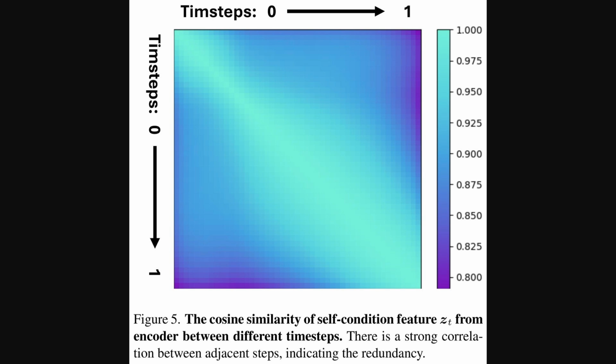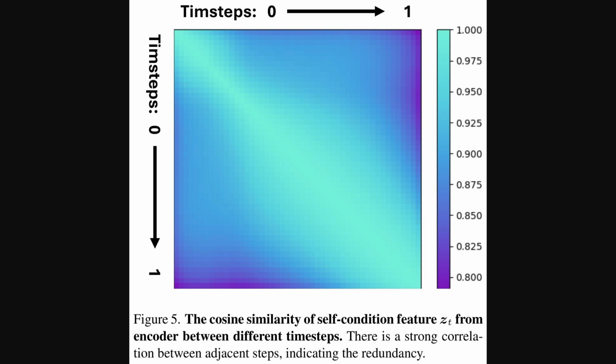Alright, so Figure 5 gives us a visual on why the decoupled diffusion transformer can be made more efficient during the image generation process. This heat map shows the cosine similarity, which is basically a way to measure how alike two things are, in this case, the self-conditioned features from the encoder, across different time steps. Time steps, remember, represent the progression of the generation process from noise to a clear image.